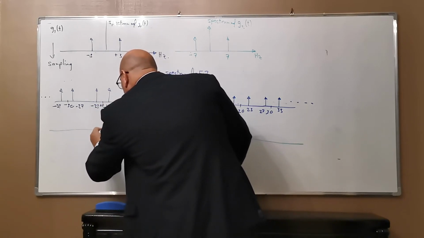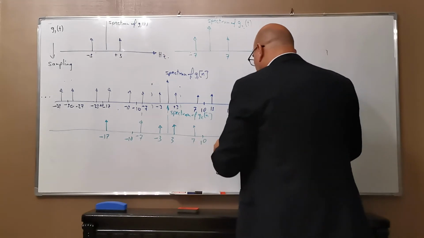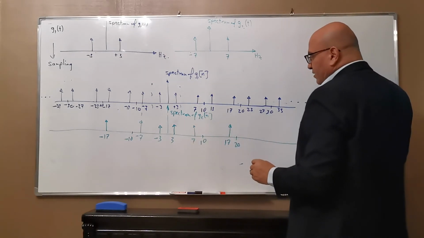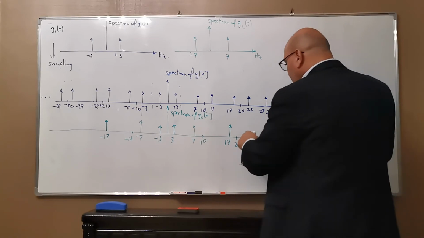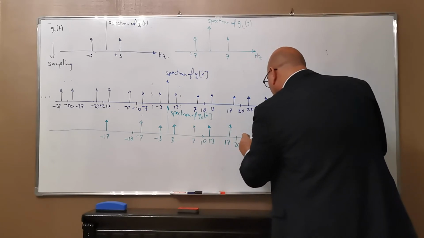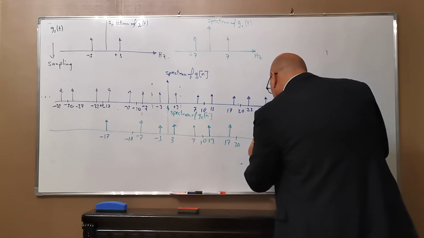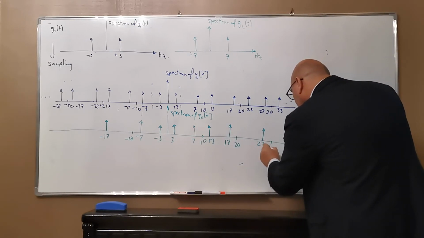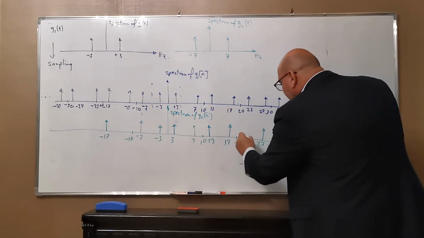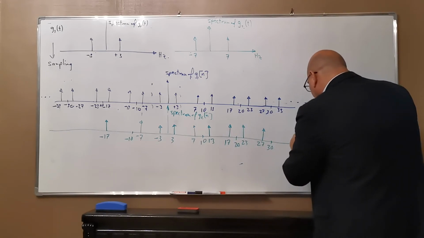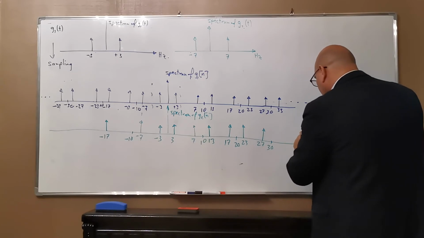Go up to 20, twice the sampling frequency, and you go down by 7, so you are at 13. You go up by 7, so you are at 27. If you go to 30, you go down by 7, you are at 23, and up by 7, you are at 37.